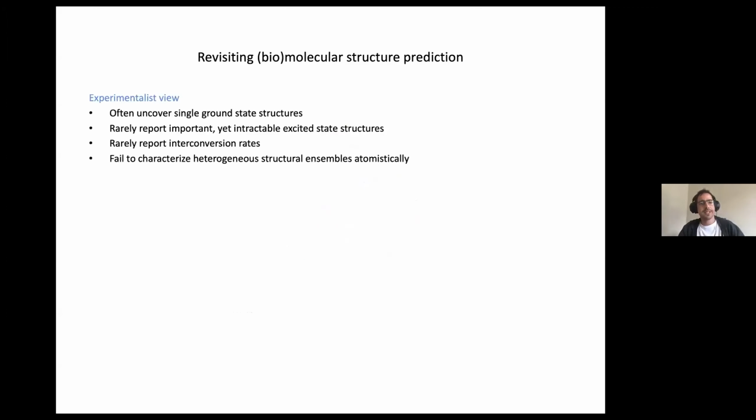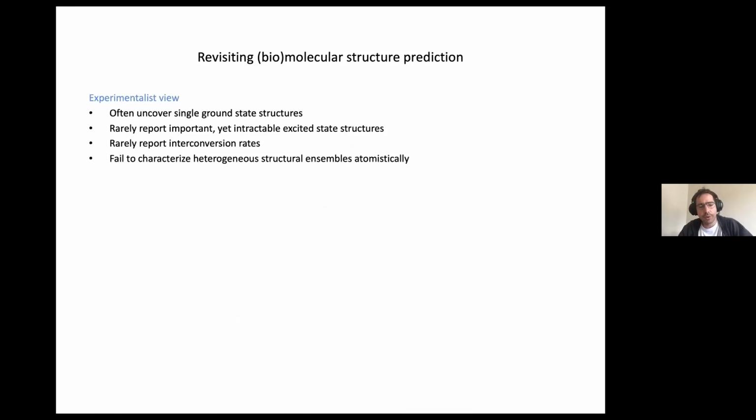structures right. But of course, if you were to ask experimentalists, they often uncover a single ground state structure. So for instance, think of X-ray structure determination. They rarely report important but yet intractable excited state structures. I mean, there have been advances in CPMG NMR, for example, that can also talk about low populated structures.